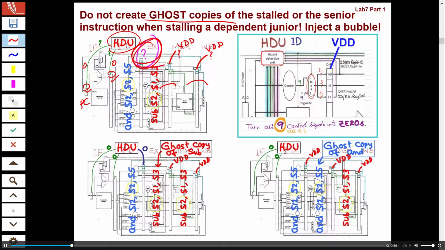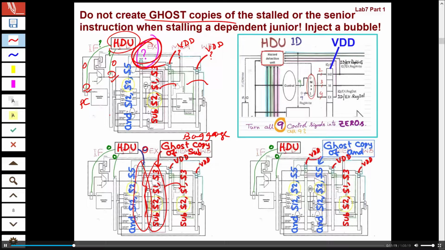The question arises what we are going to do. If we send a 0, we'll be creating a ghost copy of the senior who is here because he progresses and his baggage, we use the word baggage to say his information, is retained, and that creates a ghost copy.